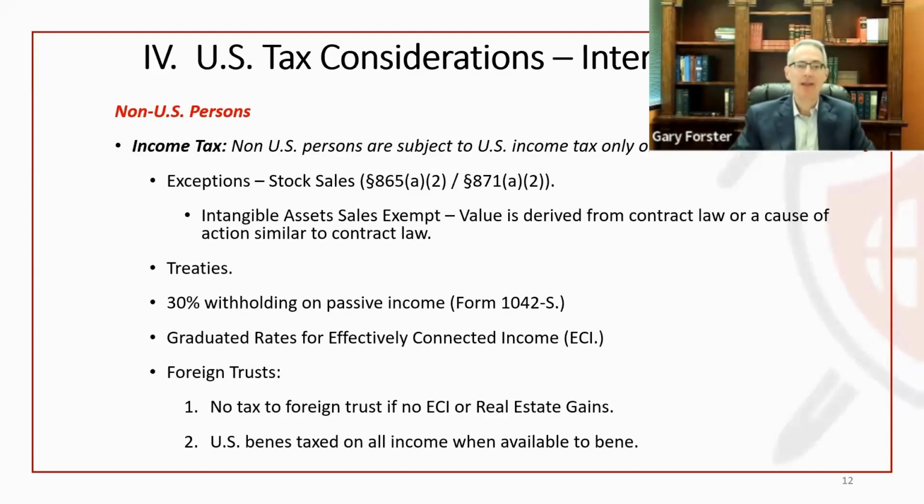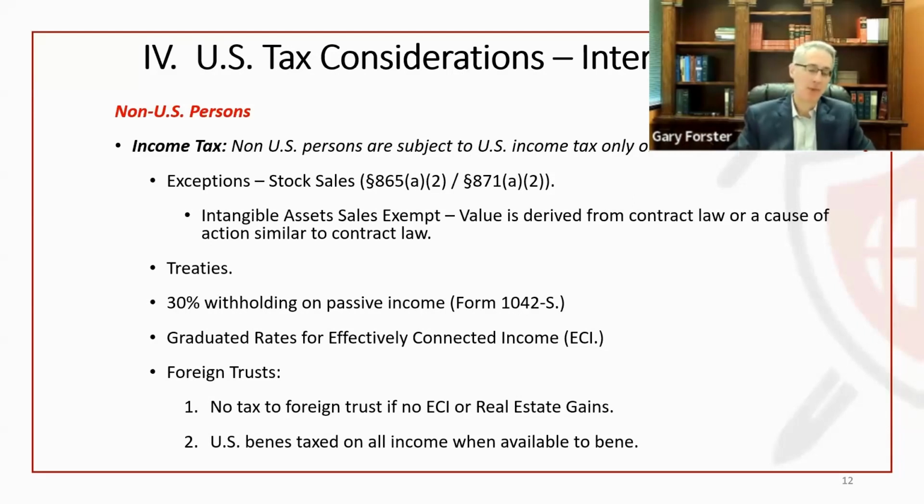On the income tax side, which is this slide, foreign people have very valuable advantages that they can take as opposed to US people. Foreign people who are not here the certain number of days can sell stock and intangibles free of tax.